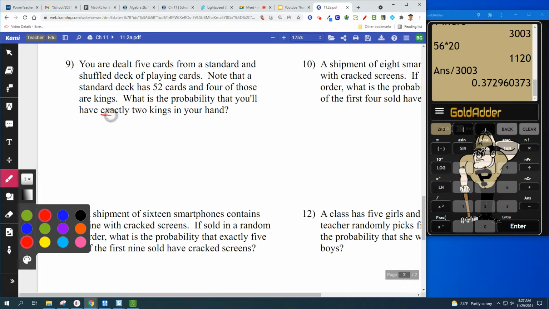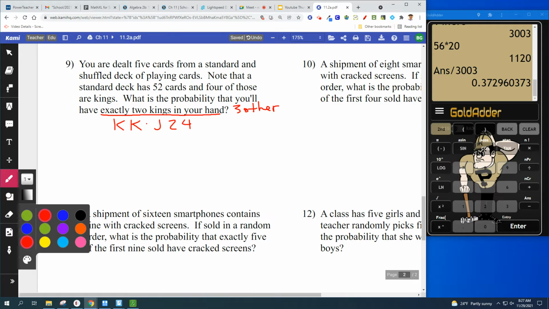So if you think about playing cards, and I deal you 5 cards, and you have 2 kings, there's an implication that you have 3 other cards. 3 other cards that are not kings, right? So I don't know what they are. Maybe it's a jack, and maybe it's a 2, and it's a 4.